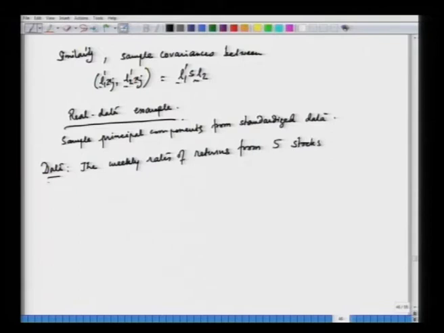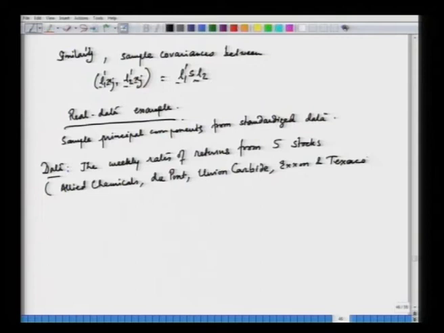These stocks are Allied Chemicals, DuPont, Union Carbide, Exxon and Texaco. These are listed in the NYSE, the New York Stock Exchange.